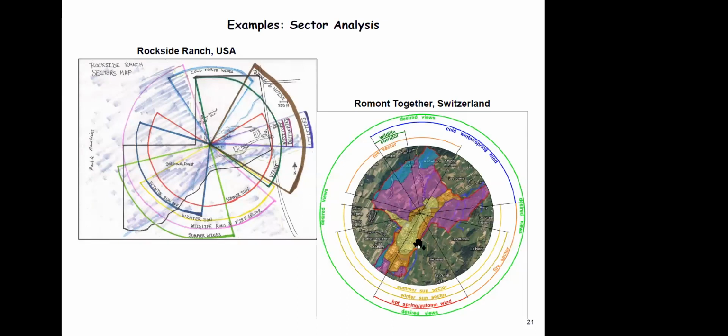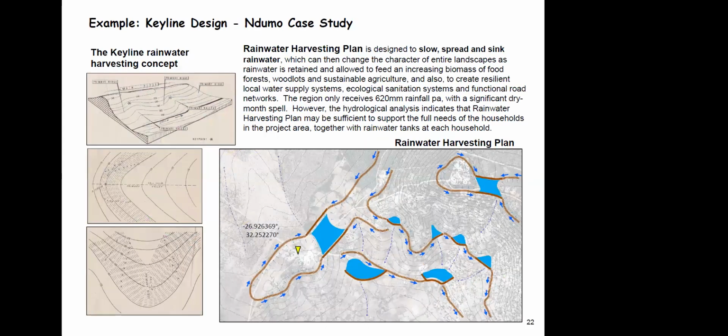And typically of the Swiss, they've got the hot spring winds from the south, they've got the cold winter rainfall coming from the northerly part, they've got the wildlife corridor, and their view shed is this green desired view right around them. That's also important because sometimes you want to site a house facing the desired view. So that was an example of a sector analysis.